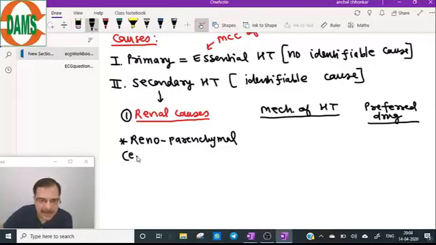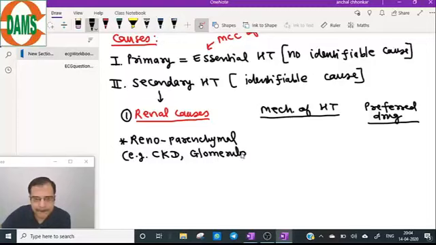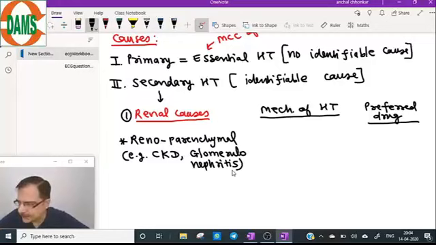Renoparenchymal means, for example, chronic kidney disease, CKD, or glomerulonephritis. These are the conditions which we call the renoparenchymal causes.